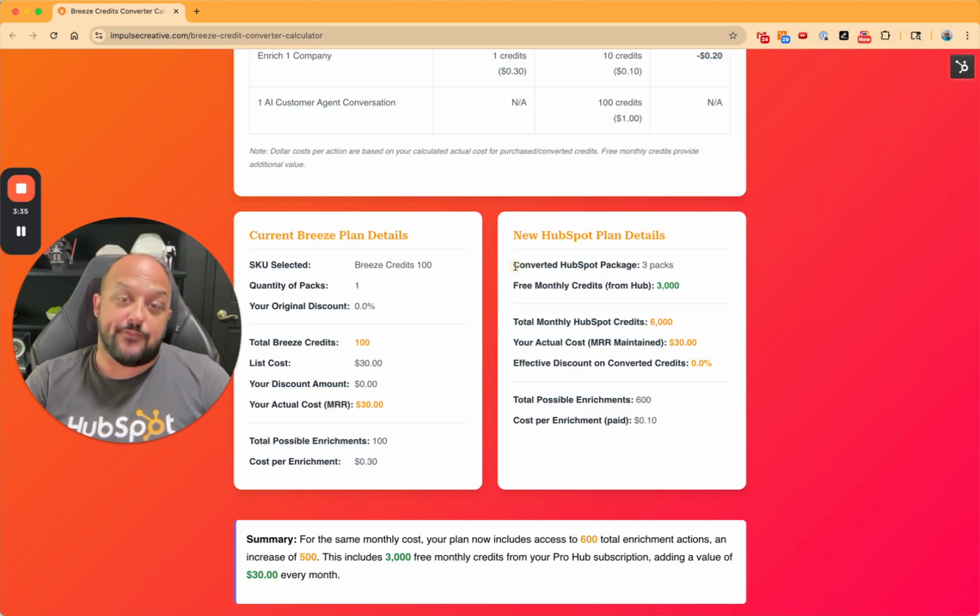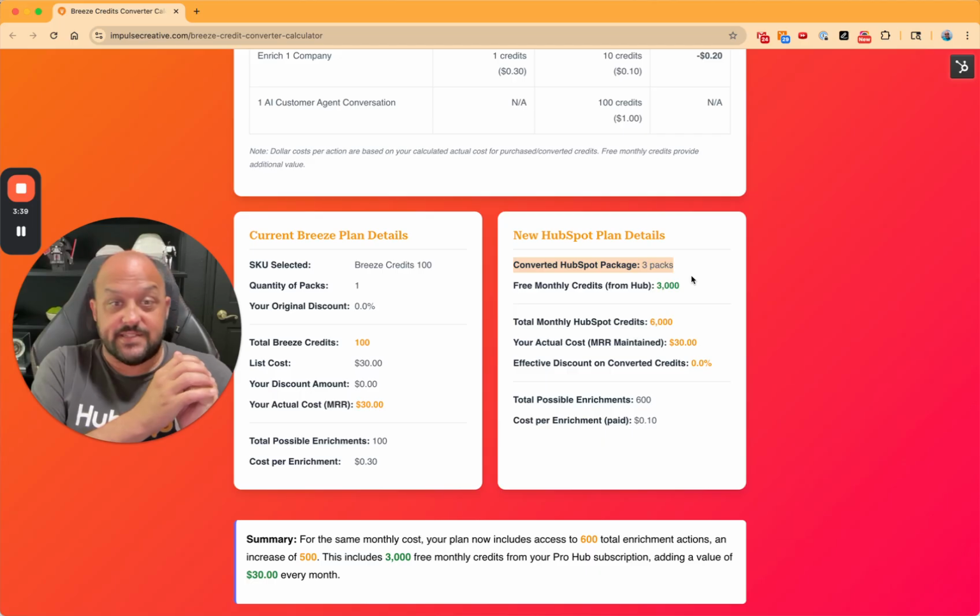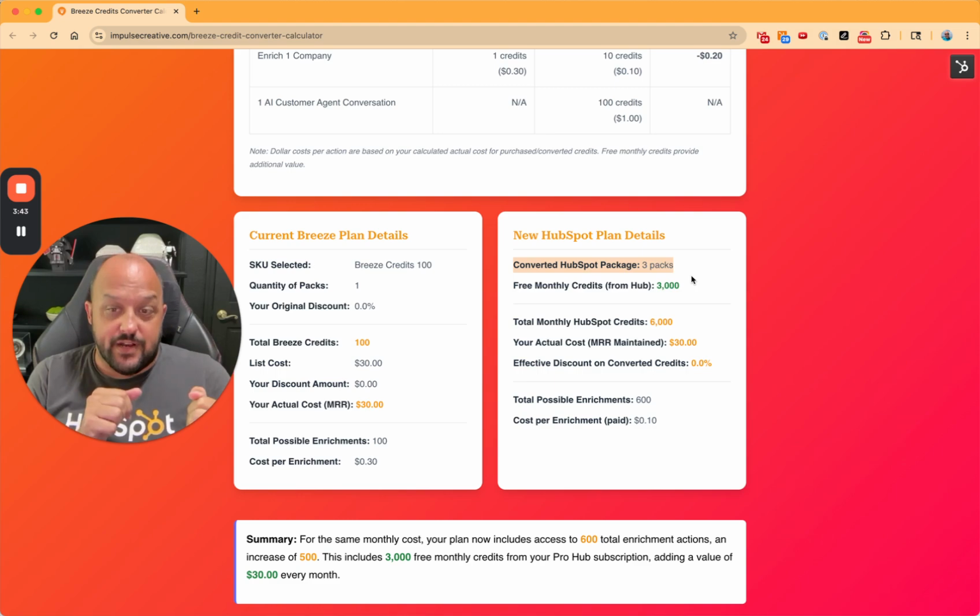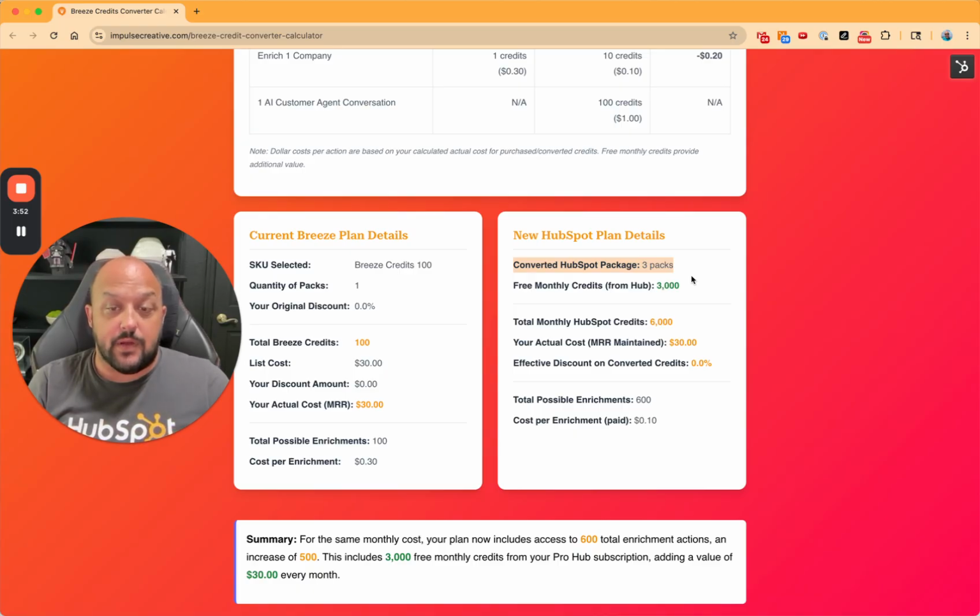that would get converted, because what they've done is they've made it so the dollar value of those credits gets maintained. So you're still paying them the $30 a month, but that $30 a month is going to increase into their new package. The packages for the HubSpot credits are in packages of 1,000 credits, or $10 a month each.